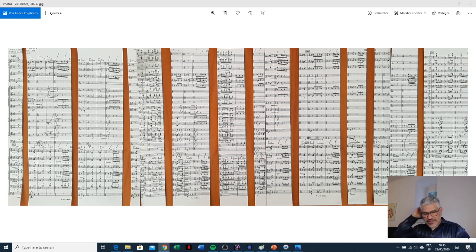Hi, Sebastian. The structure, would that be too daring to say that it's a rondo? You have until 49 the first section, which is very obvious, to me at least.